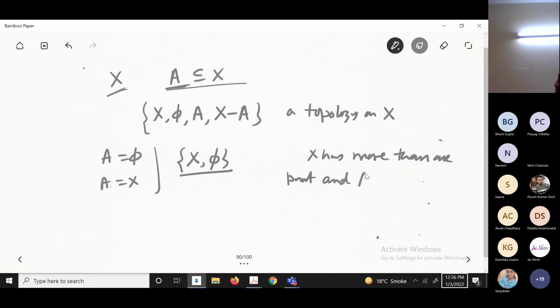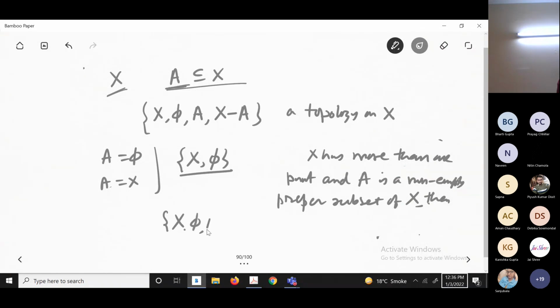If A is a non-empty proper subset of X, then this topology X, phi, A, X minus A is a non-trivial topology.